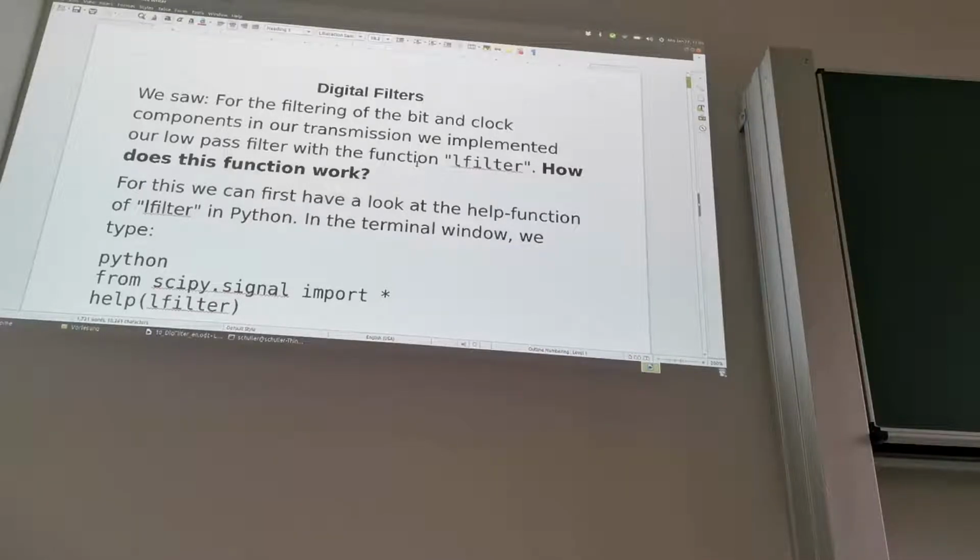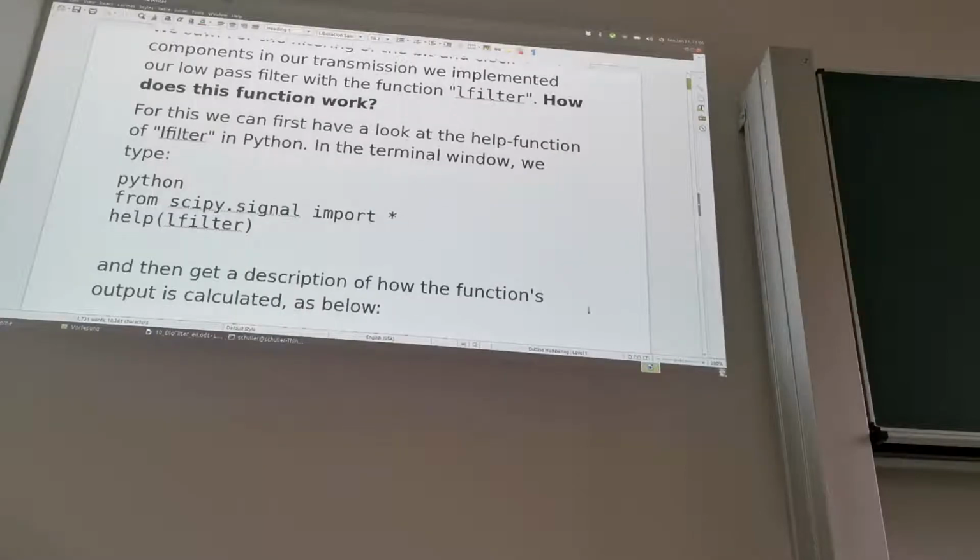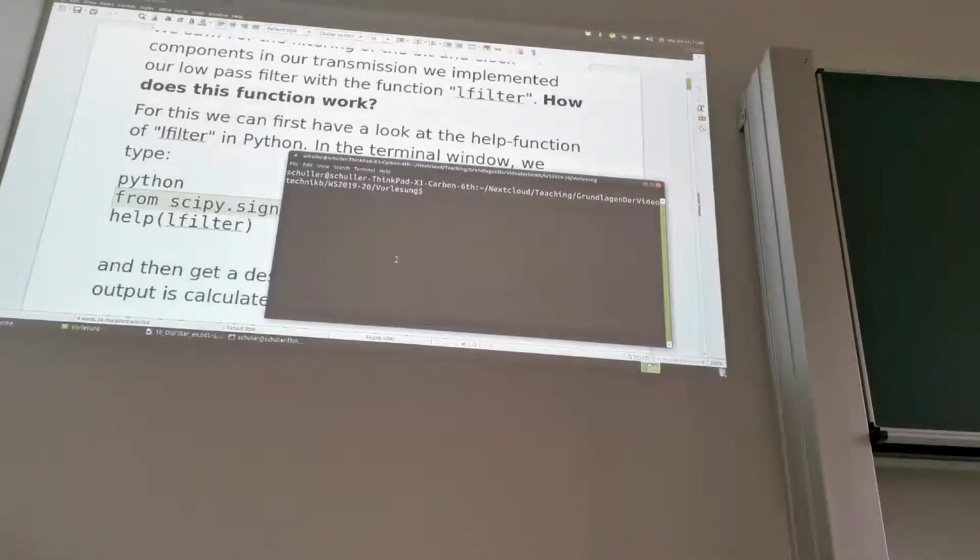So let's start by first taking a look at the help function of lfilter in Python. So here we can see it. We have this lfilter function, and we can just import SciPy signal completely into interactive Python.